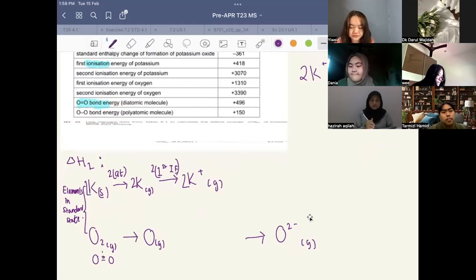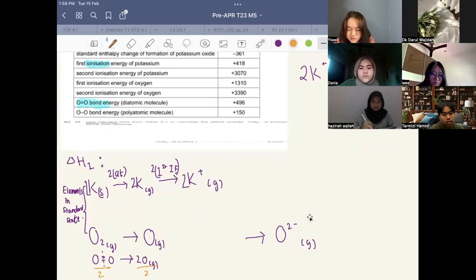So if I break it, I form 2 oxygen gaseous atom, but I only need 1. So that's why I have to divide it by 2. So half of bond energy O double bond O.